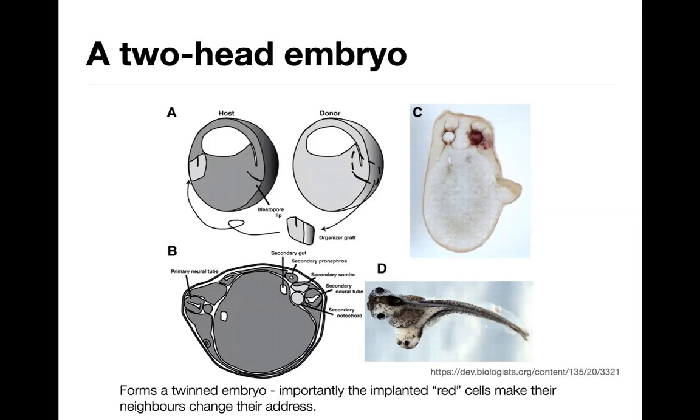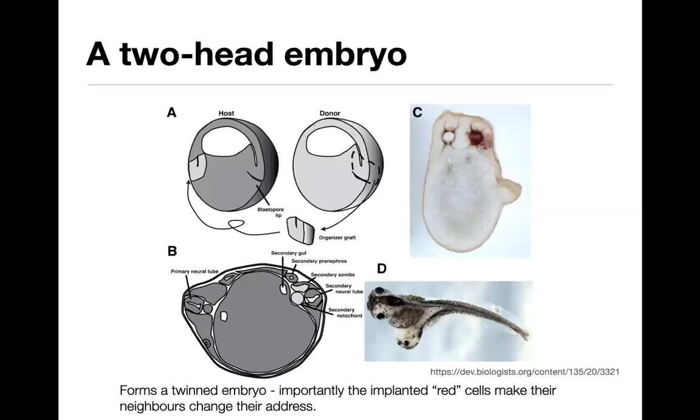This gave us the idea that there are conversations going on between different structures to change their fate and change their pattern. So this is communication, and communication is encompassed in this experiment.